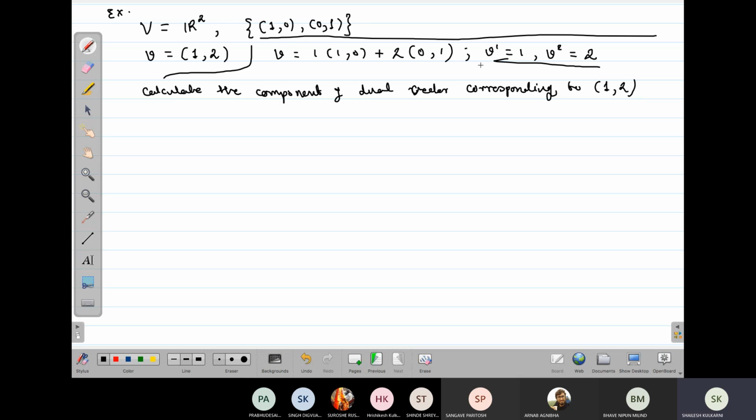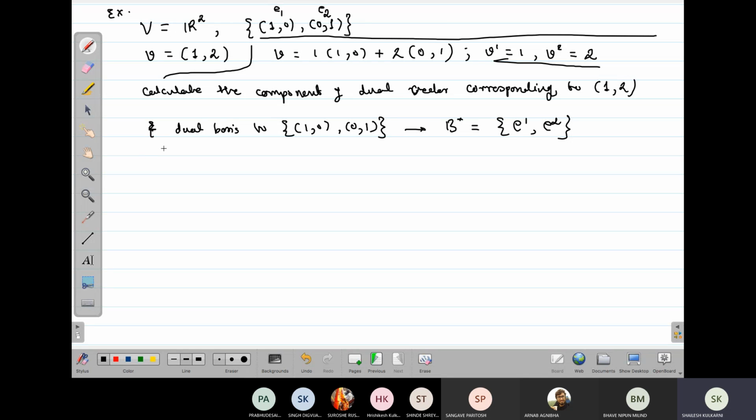These are the components, with upper index, and this basis is E_1 and E_2. Now you have to find the dual basis. What is the dual basis to (1,0) and (0,1)? That you have to find. I will denote it by B star, so these are the dual basis vectors E^1 and E^2.